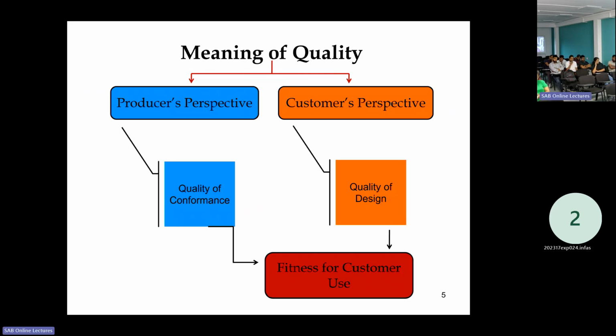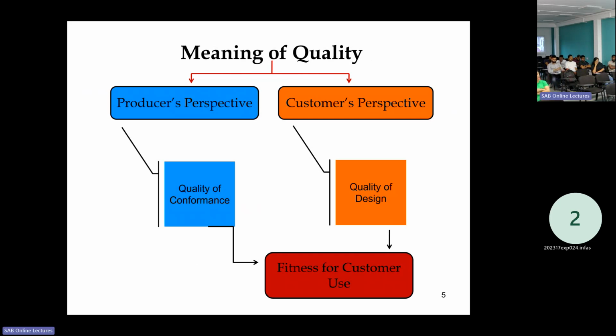What do you mean by quality of design? Designing the product in a way that customer requirements are met. What do you mean by quality of control? Producing the product as designed. So both should be matched.